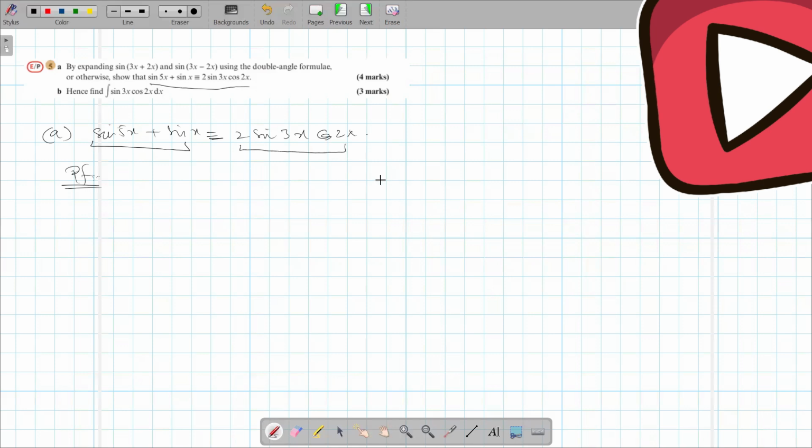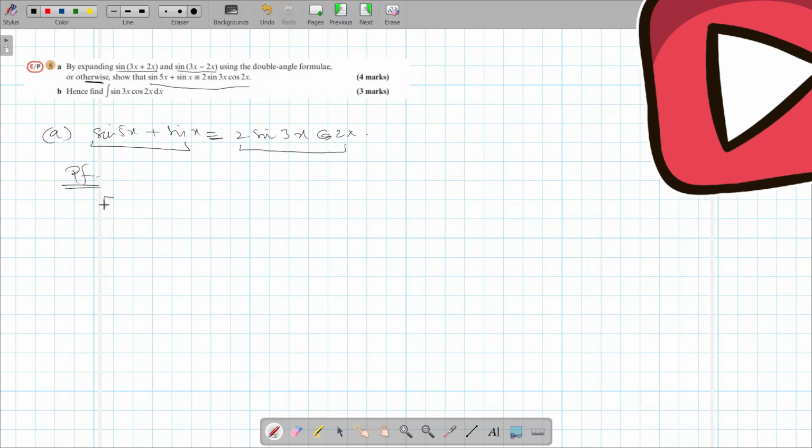So this is converting sum into product. I don't know how you can do it by expanding using double angle formulas. He says, or otherwise, you can use any other method. Yes, of course, we can do it by expanding these two formulas actually.